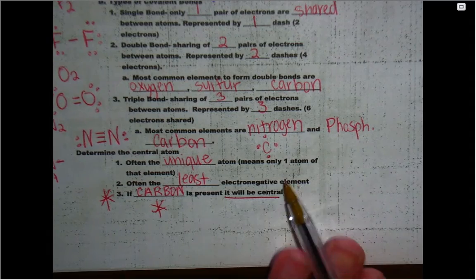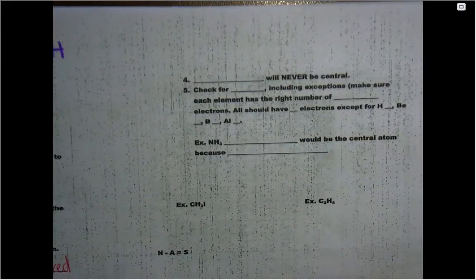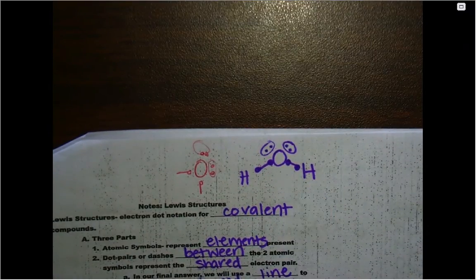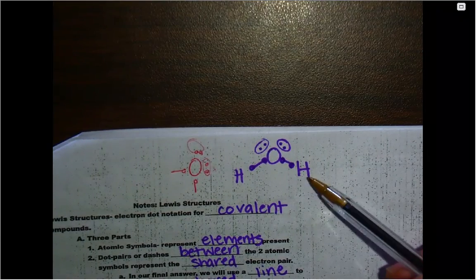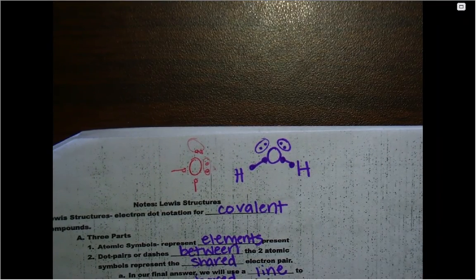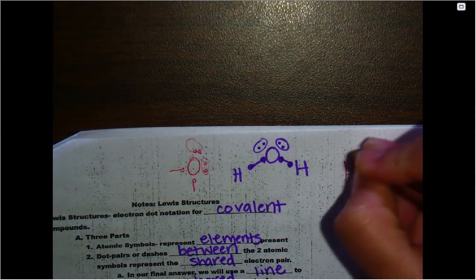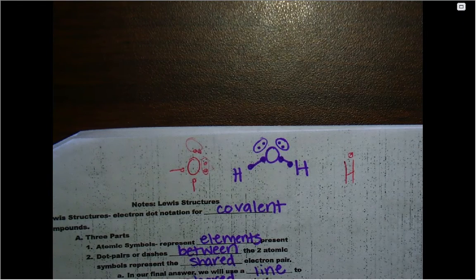All right, looking at number 4. Number 4 says something will never ever be central. Looking at this, can hydrogen do anything else except for this bond? I want you to think about its valence electrons. How many valence electrons does hydrogen have? It has only 1, right? So it's H and it has a dot. That's it.